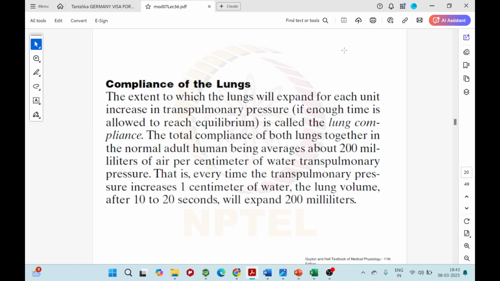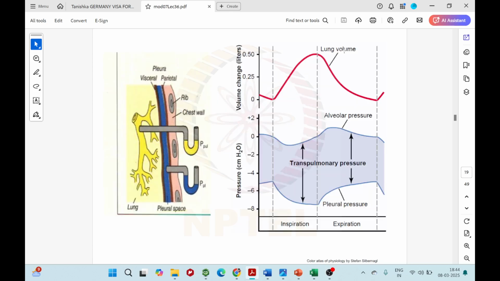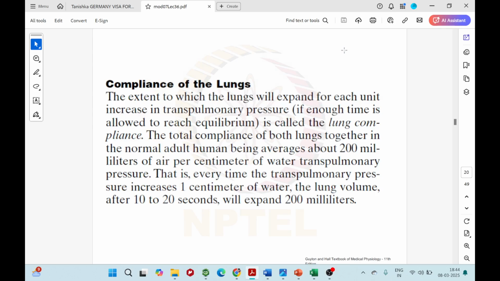Then one more thing that comes is the compliance of the lungs. I've shown you the alveoli along with the capillaries, which are also wrapped with elastic fibers. That provides them the elasticity, how much the alveoli can expand. The extent to which the lungs will expand for each unit increase in the transpulmonary pressure is called the lung compliance.